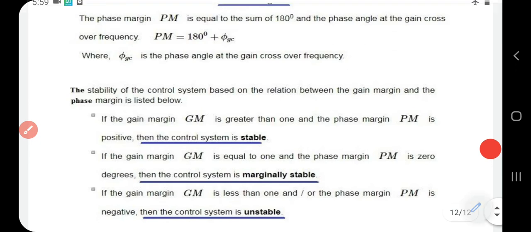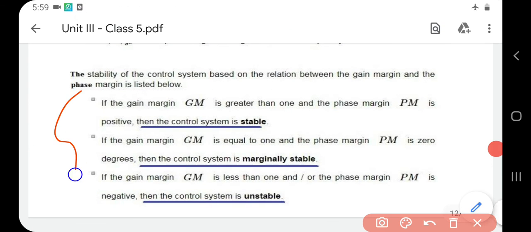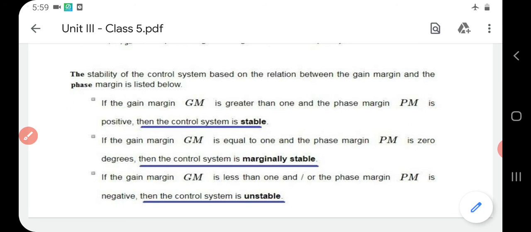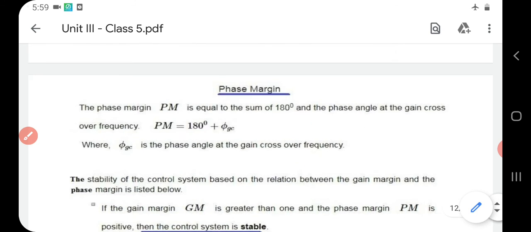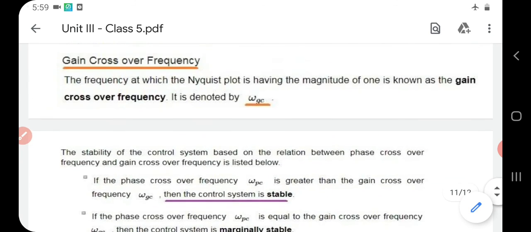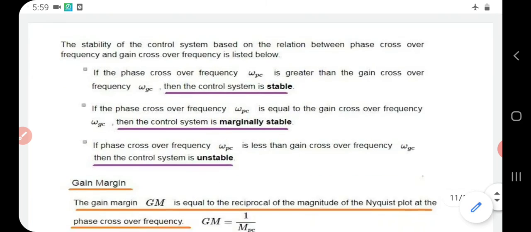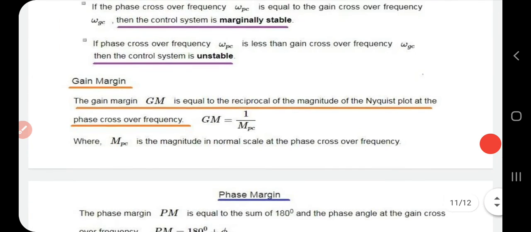So what is a stable system, what is an unstable system, and then you are deciding the stability of a control system based on various parameters. Which are they? One is based on the Z transform, another based on the Nyquist plot, then based on phase crossover frequency and gain crossover frequency, and finally based on gain margin and phase margin.